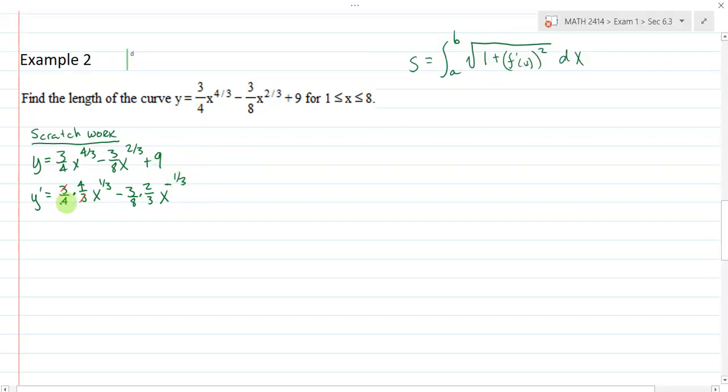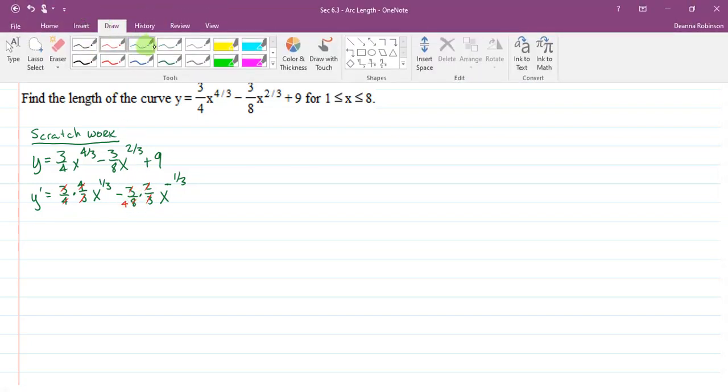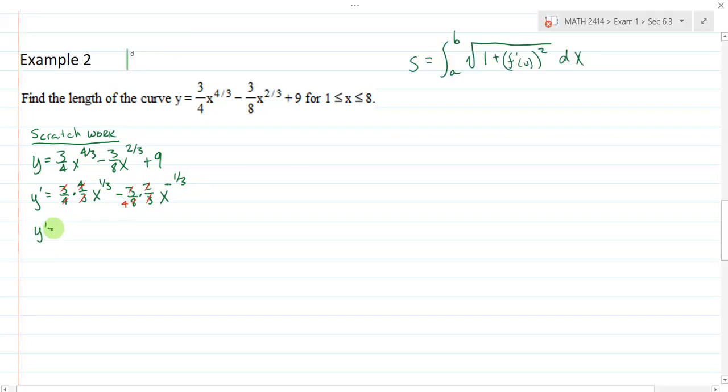So here we can cancel the 3's and the 4's, and here we can cancel 2 and the 3's, and 2 goes into 8 4 times. So when I simplify this, I end up with the derivative is equal to x to the 1/3 minus 1/4 x to the negative 1/3.